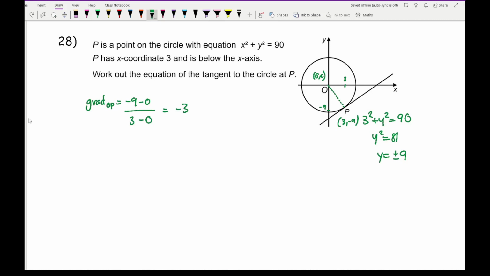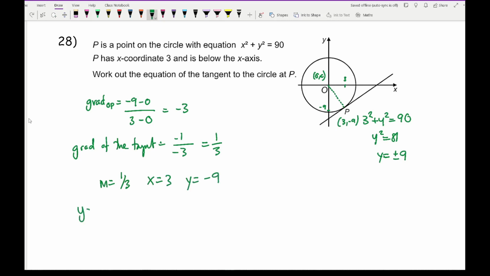Now this green line is perpendicular to that line, so that means that the gradient of the tangent is going to be minus 1 over minus 3, which is a third. So m equals a third. x equals 3, using the coordinates of P, and y is equal to minus 9.